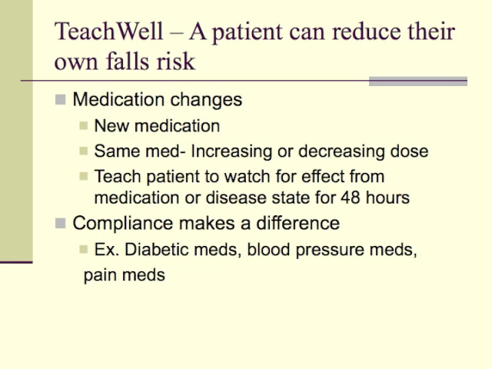Same thing with blood pressure meds. If they are not compliant with it, it can affect what kind of chance they have for hyper or hypo, so high or low blood pressure, which can cause that orthostatic hypotension, so being watchful of that.